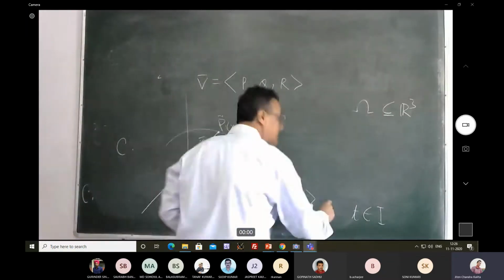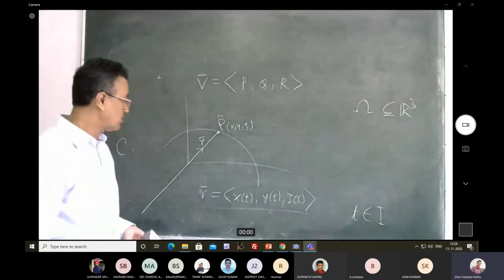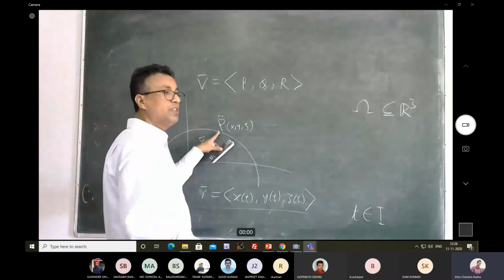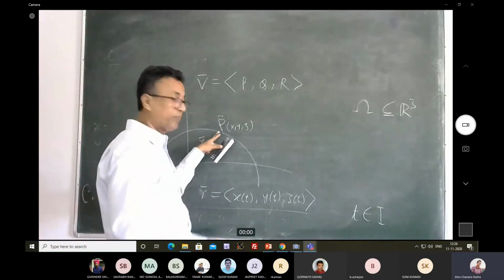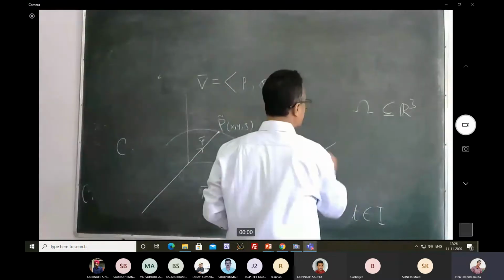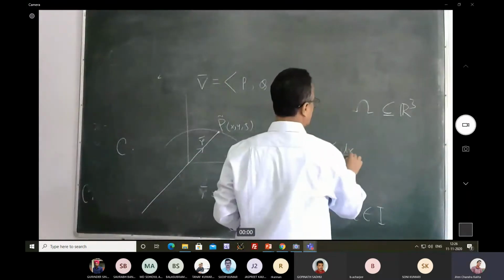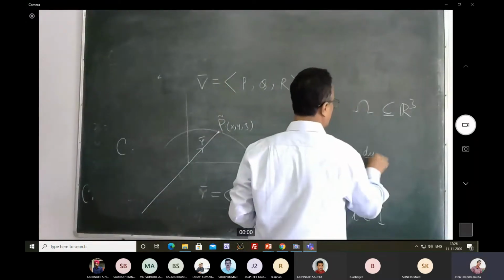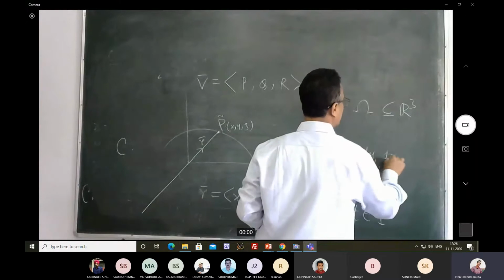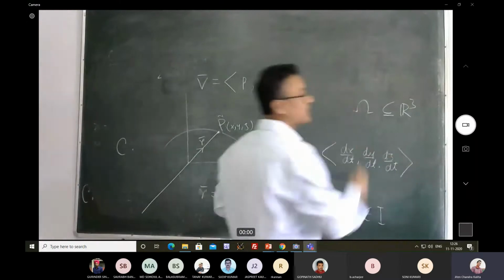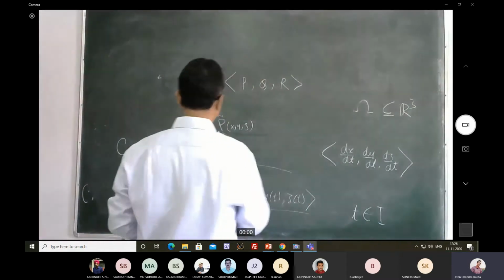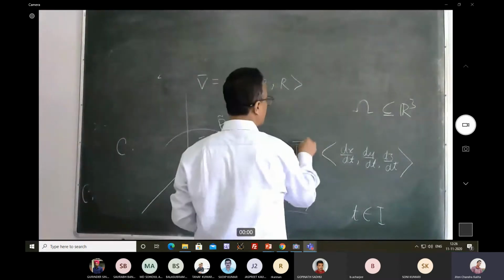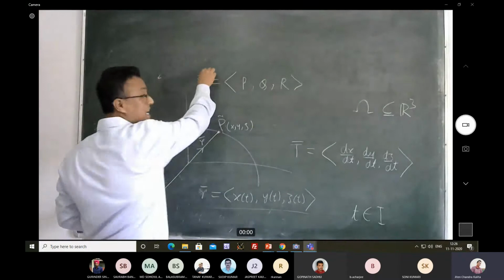A tangent vector to this curve at a point is given by simply this vector, dx/dt, dy/dt, dz/dt. Say this is the tangent vector, T bar.